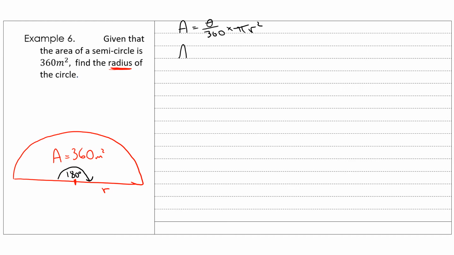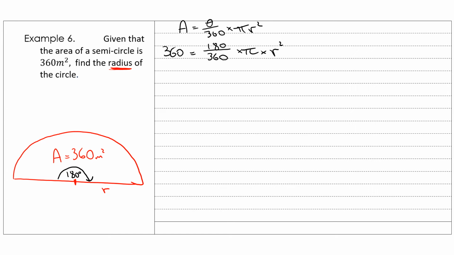So area equals 180 over 360 times pi times radius, which we don't know, squared, but we do know area, don't we? So instead of area, we can write 360. 360 equals 180 over 360 times pi times r squared.